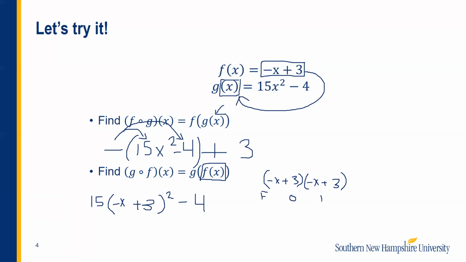First, outside, inside, last. So we'll have first negative x times negative x, which will equal x squared. Then we'll have outside, negative x times 3, that's negative 3x. Inside, 3 times negative x, which is another negative 3x.